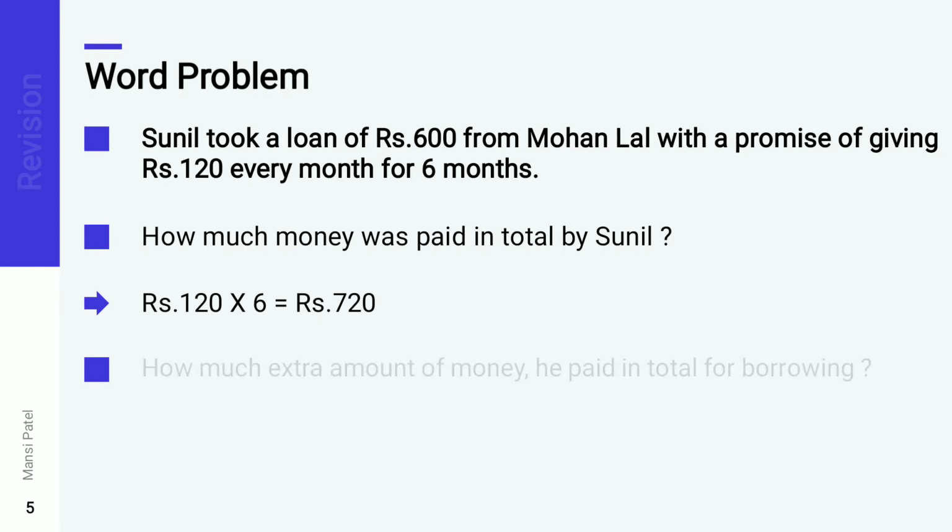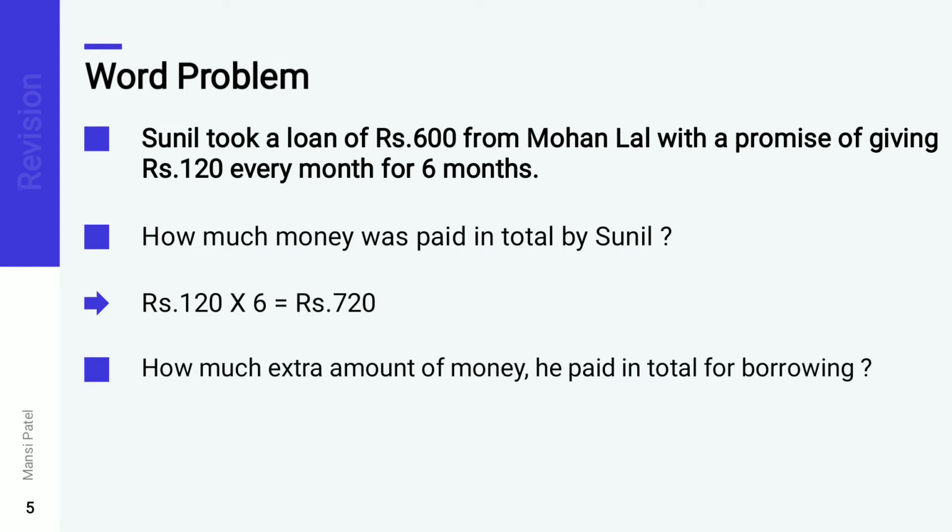Now your next question is, how much extra money did he pay in total for borrowing? Actually, he has to pay rupees 600 to Mohanlal, but he paid rupees 720.